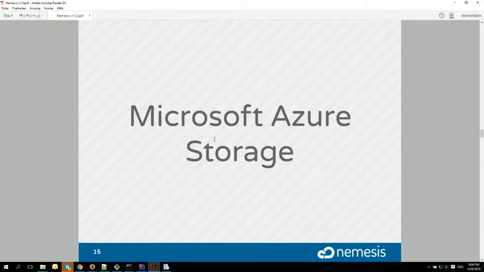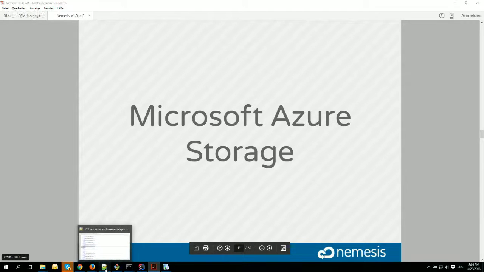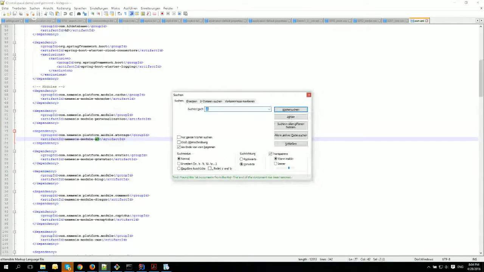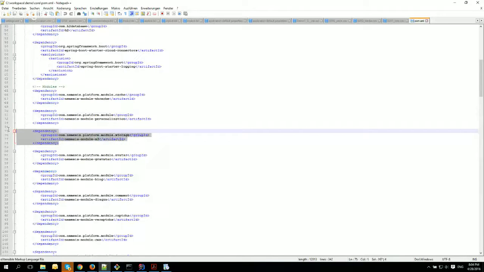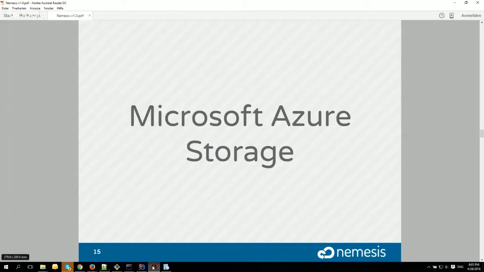Again, the integration is pretty straightforward. All you have to do is place it here. I think I'm using the S3 module here. But if you want to use Azure, just replace the S3 with the Azure, and of course change the properties for connecting. We also have several properties to connect to Azure. One thing you have to be aware of is that Microsoft Azure doesn't support folder structures.